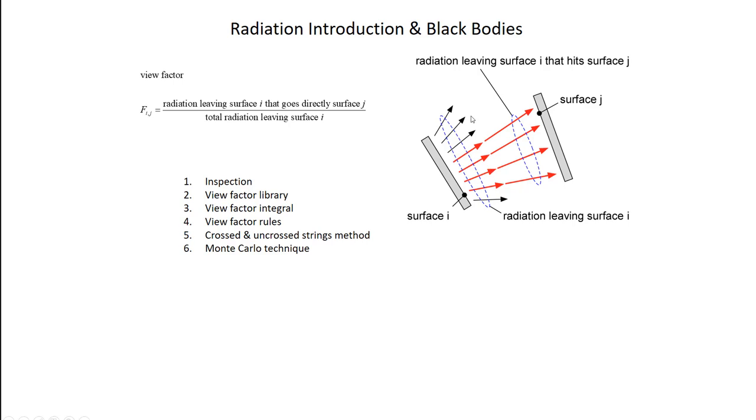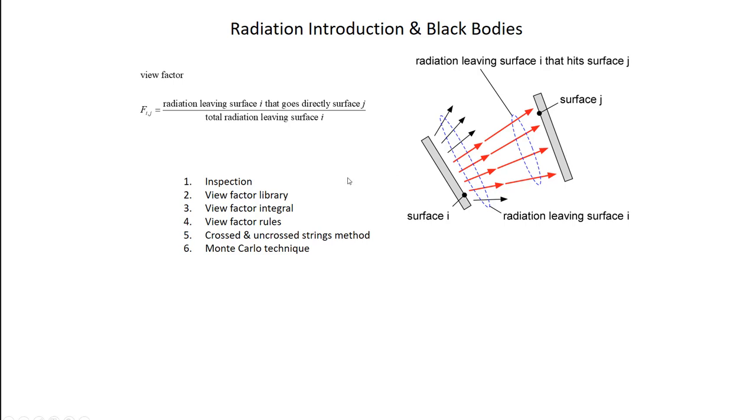So if you look at this picture here, it's the ratio of how much of this total energy actually goes off and hits surface j versus the total amount of energy, right? So it's going to be a number that's between 0 and 1. 1 being the situation where all of the energy emitted by i hits j. In other words, the surface i sees nothing but the surface j. 0 being none of the energy emitted by i hits j. So that would be the limit where surface i can't see surface j at all, right?